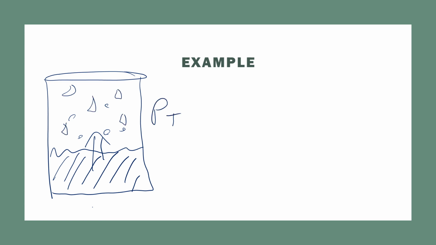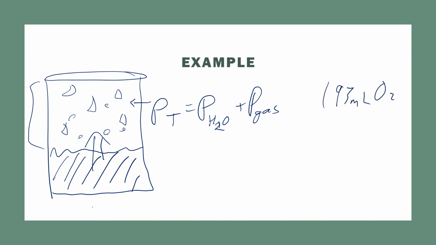Now let's say we also have our other gas in here. So the total pressure inside this container is equal to the pressure of the water plus the pressure of whatever the gas is that you're trying to study. So let's say we measure this volume here, and we measure that it is 193 milliliters of oxygen gas.